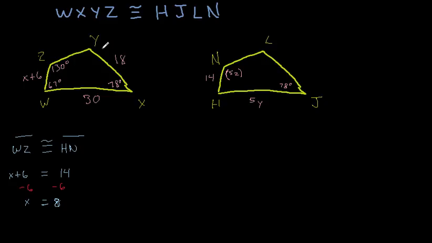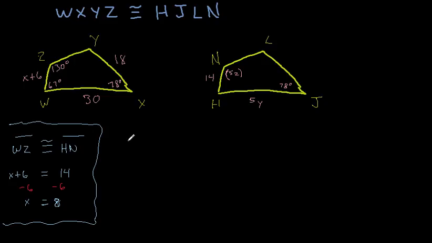Now the next problem I'm asked to figure out is, well, what is y? Let's solve for y. So I'm just going to box this information up here because I'm done with it and move on to my next problem, where I'm going to say, hey, what is y? So y right here, 5y. So I know that line segment HJ corresponds to line segment WX.